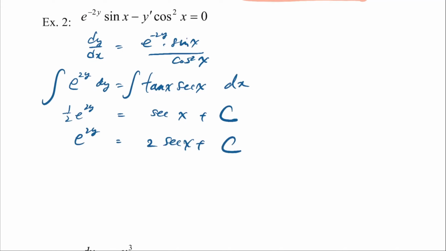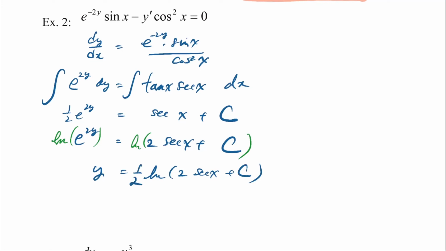When you do that, let's just write in green for a second. So when you do this, what do I get? ln of 2 secant x plus c on the left hand side is this right here, isn't it? If you divide both sides by 2, you get 1/2.